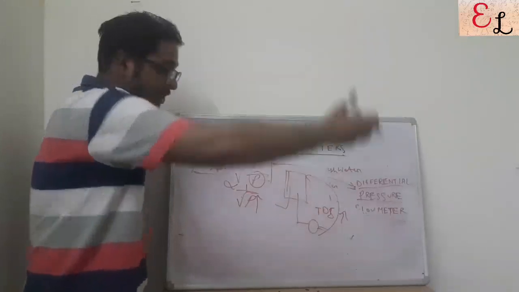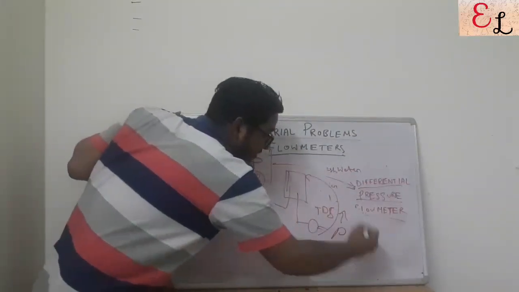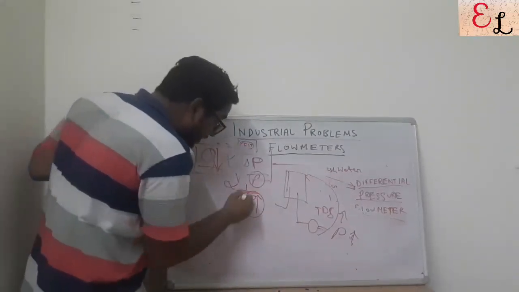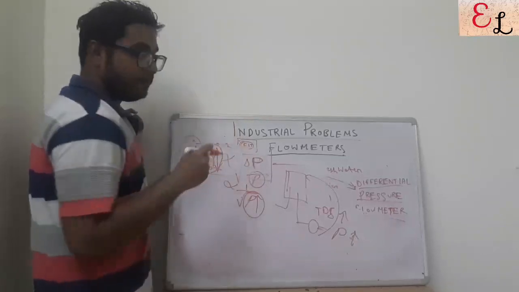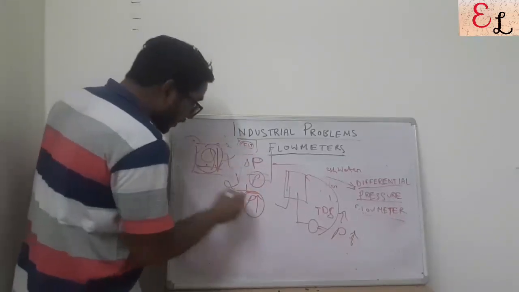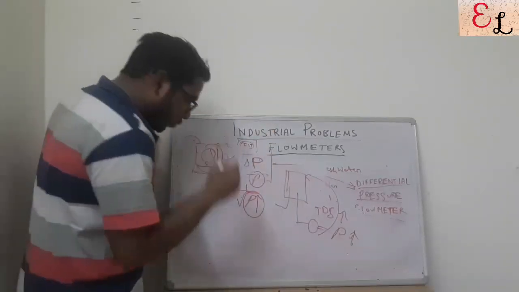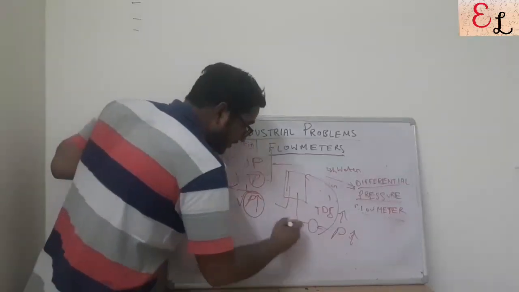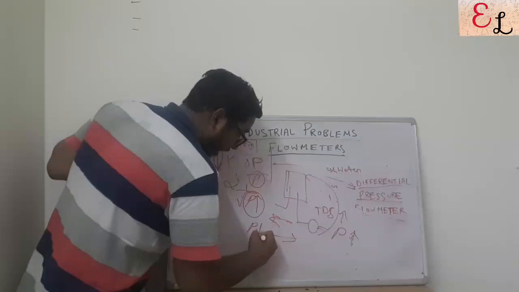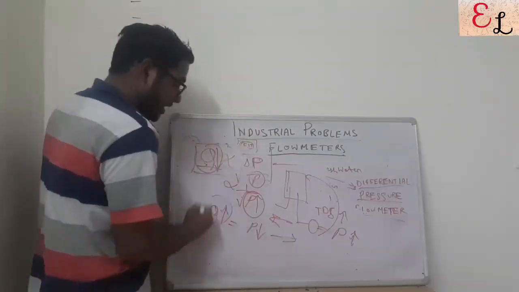Every time the water sucks in some dust, the TDS goes high and the density of the system goes high. So once the density goes high, the density clearly judges the flow rate. As the density shoots up, the flow rate goes down. And while blowing down the system and replacing it with fresh water, the density of the system goes down, and the flow rate that is showing goes high.